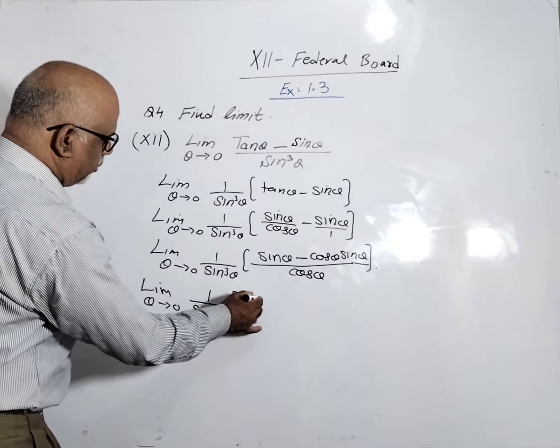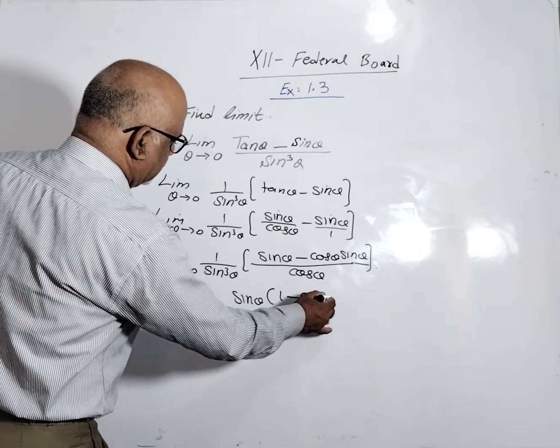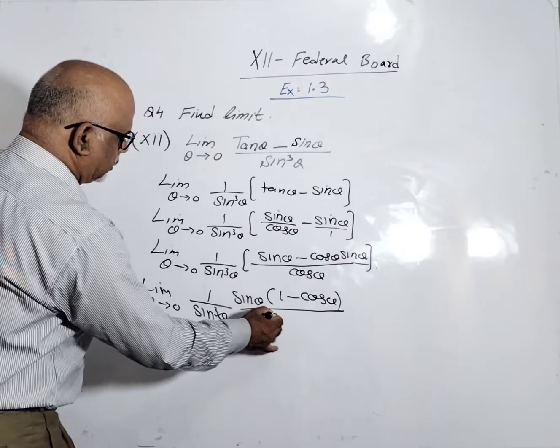Take out common here, that is sin theta times 1 minus cos theta, the whole divided by cos theta.